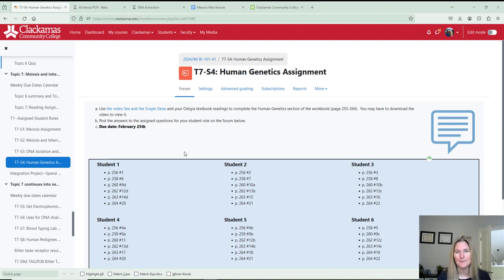Okay, sorry about that. So again, with the karyotypes, it's very interesting to see how it's even formed. How does a person end up with an extra chromosome, or perhaps missing a chromosome? So you'll learn some of that information this week in that assignment.